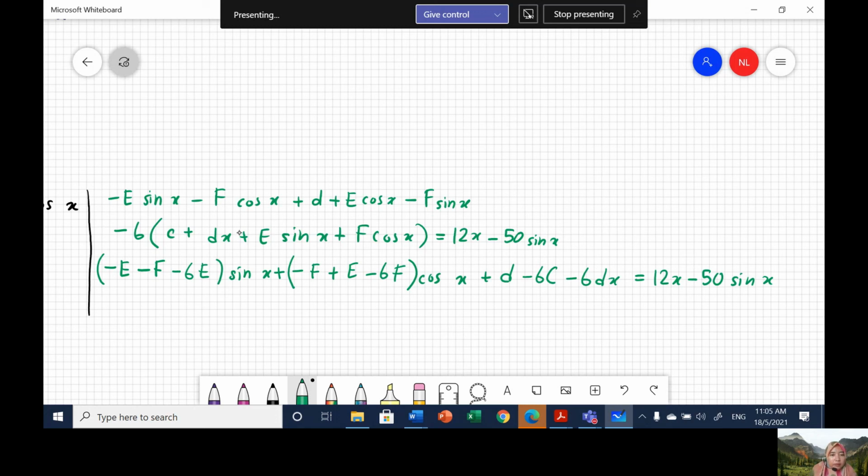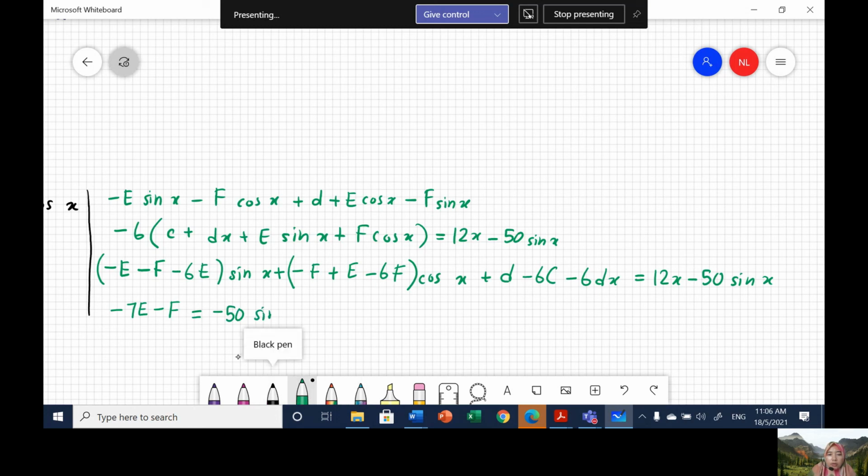The e terms, negative 1e and negative 6e, can be combined, so we have negative 7e minus f, sine x, equal to negative 50 sine x.